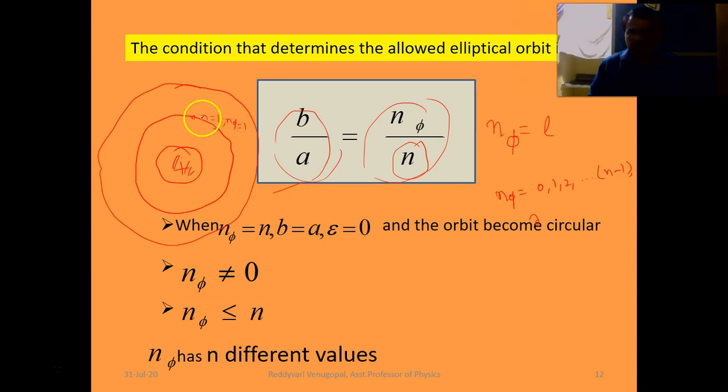That means here n is equal to n phi. If n is equal to n phi, the orbital shape is spherical or circular. If n phi is not equal to n, then only the orbit shape will be an elliptical orbit.